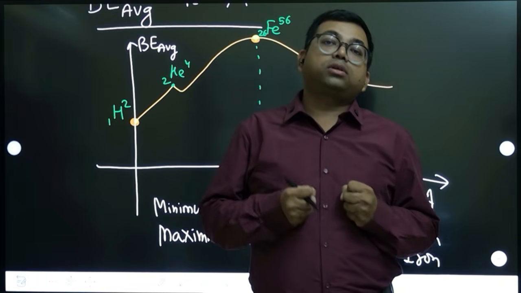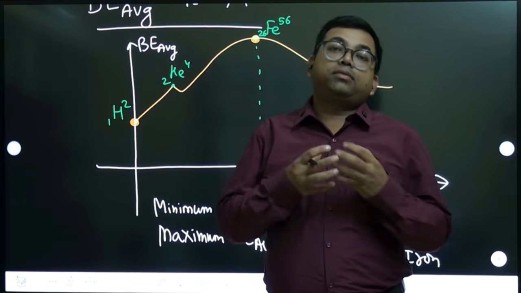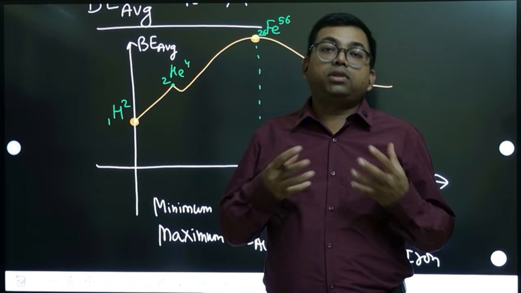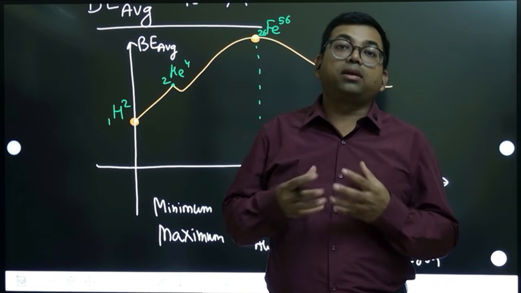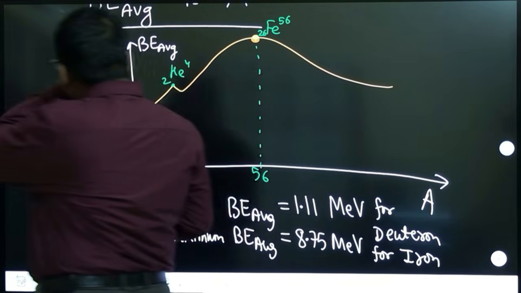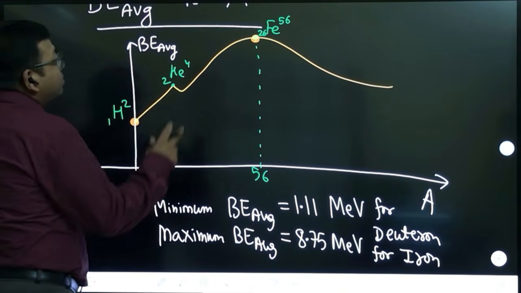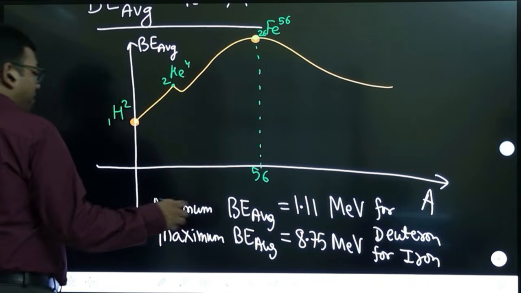If it is very high, it means the nucleon is strongly bound within the nucleus by that nuclear force, and it is very stable. So the minimum value is for deuteron and the maximum value is for iron. So iron is the maximum, which means it is most stable.